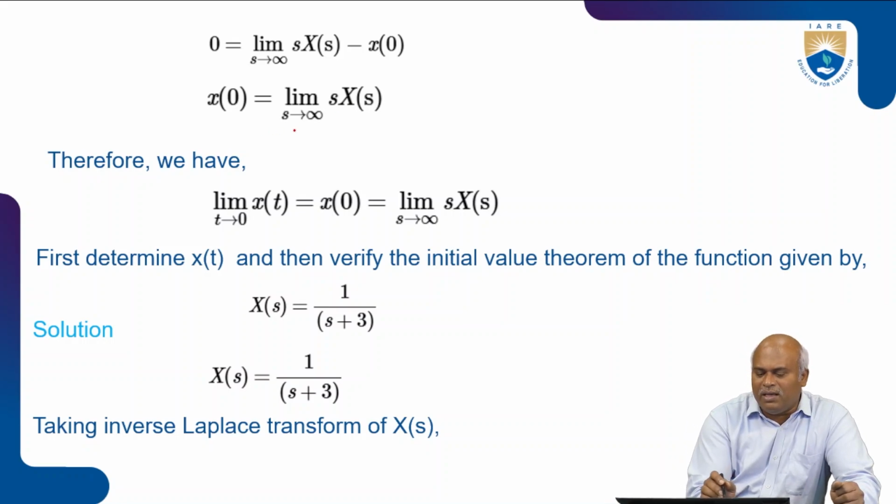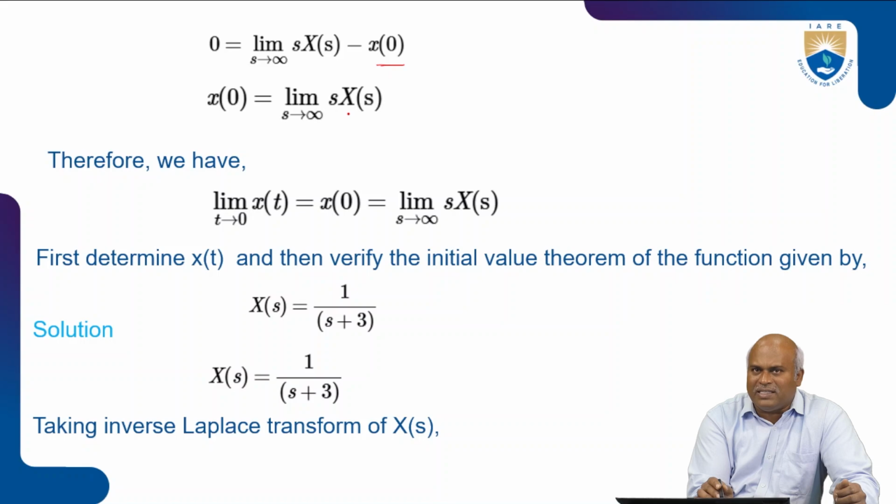Now, since this is 0, I take this x of 0 to the left side. Automatically this minus becomes plus, equal to the limit as s tends to infinity of s X of s.